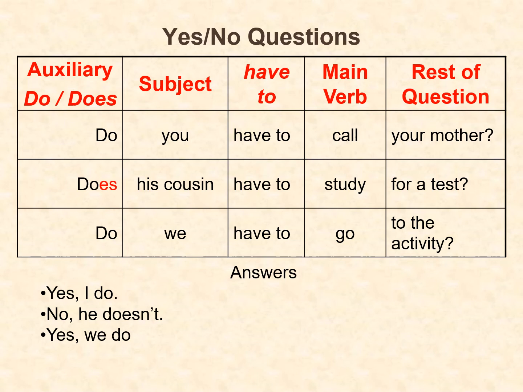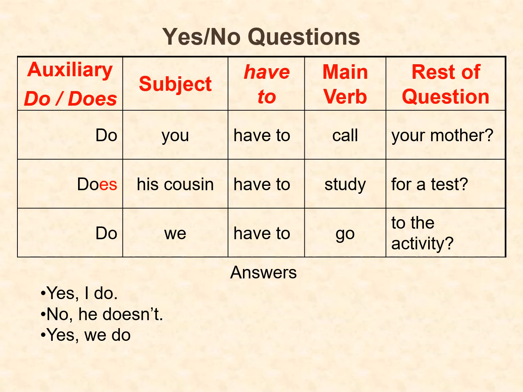Does his cousin have to study for a test? Do we have to go to the activity? And again, when you are referring to what we call the third person singular, he or she or it, then we use the form does instead of do.